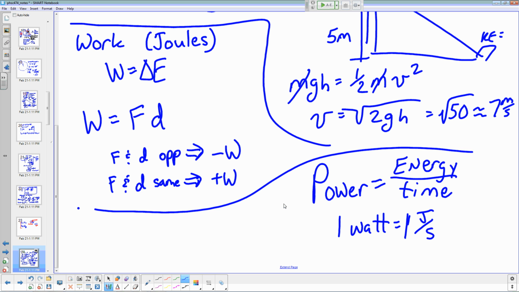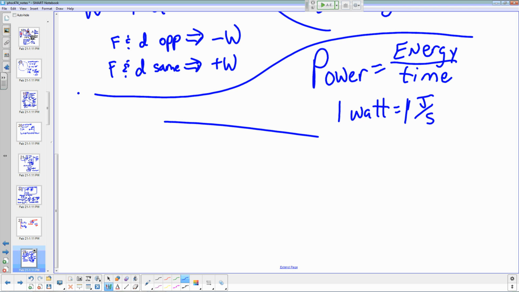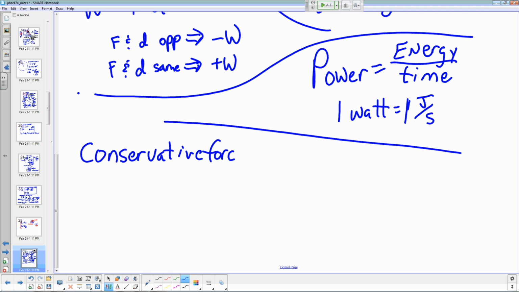One more thing, and then we'll round out this 2 o'clock hour. Conservative versus non-conservative forces, which I've seen come up in a few sample problems. Conservative forces conserve energy.